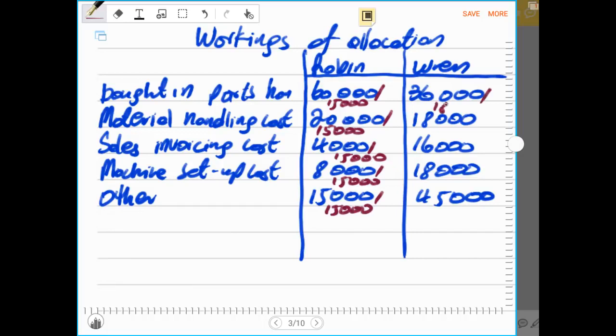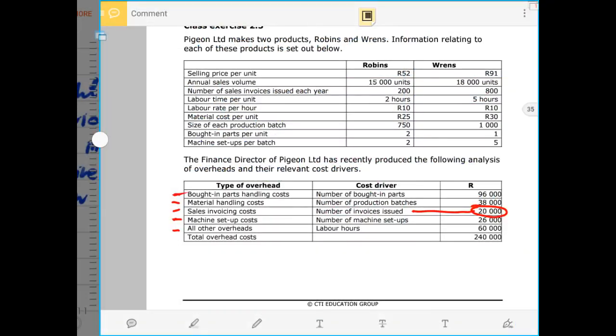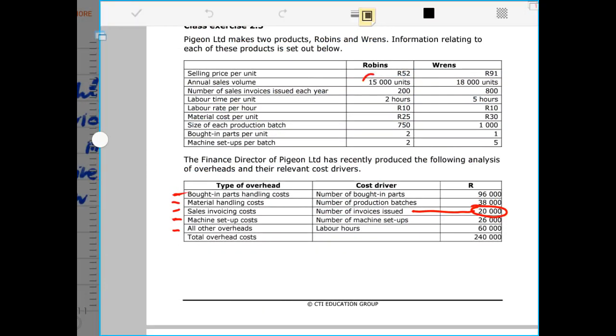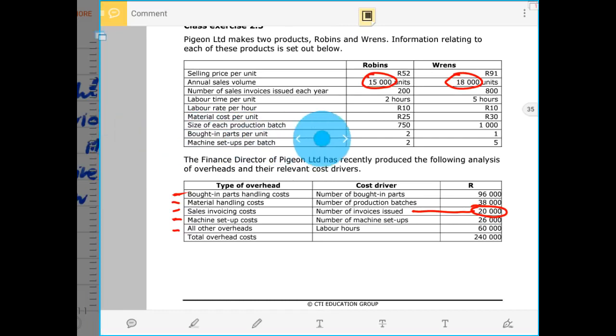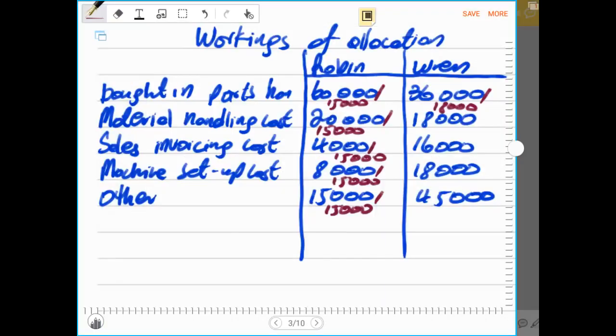And here we divide by the number of units, which is 18,000 units. Remember, the units were given here. We're told 15,000 units and 18,000 units of annual sales volume. So that is the units that we divide with, so that we get the overhead cost per unit. Then we divide by 18,000 throughout.